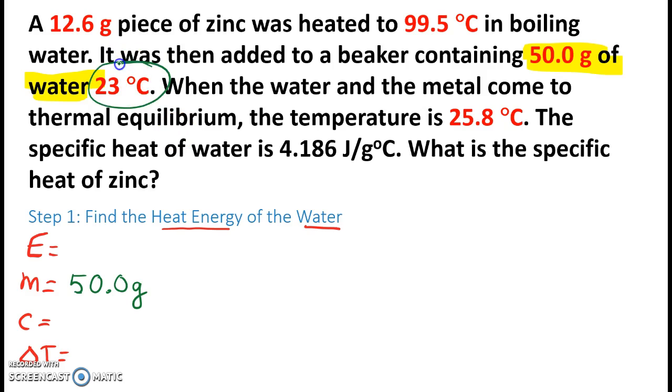You're told that this water is initially at 23 degrees Celsius. Keep reading. You're told that the final temperature of both the water and the metal is 25.8. So we're going to find the change in temperature.